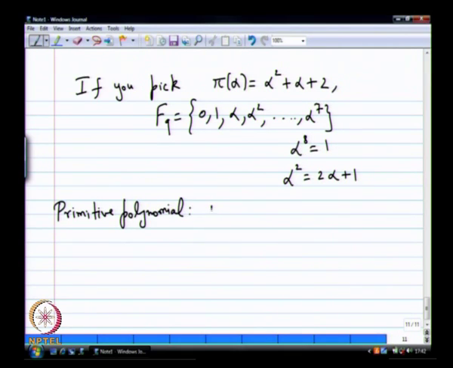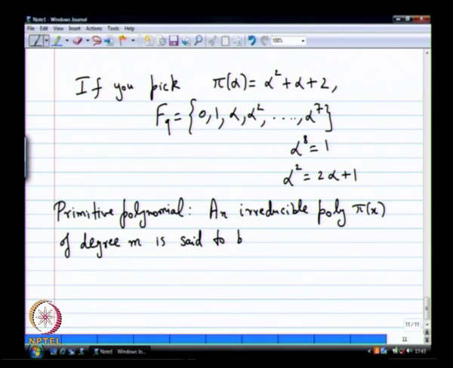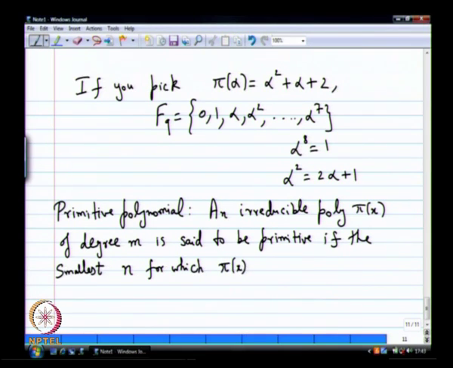An irreducible polynomial, say pi of x, of degree m, is said to be primitive if the smallest n for which pi of x divides x to the power n minus 1 is n equals p to the power m minus 1.